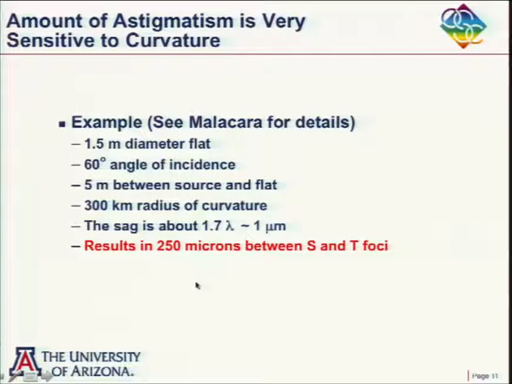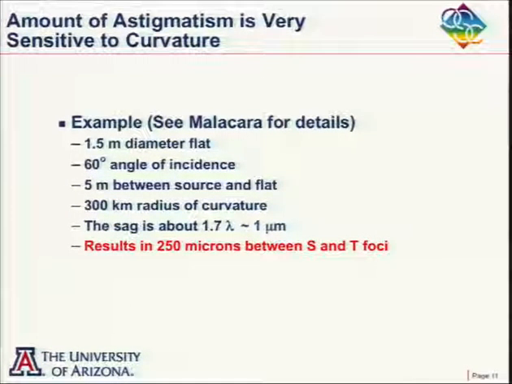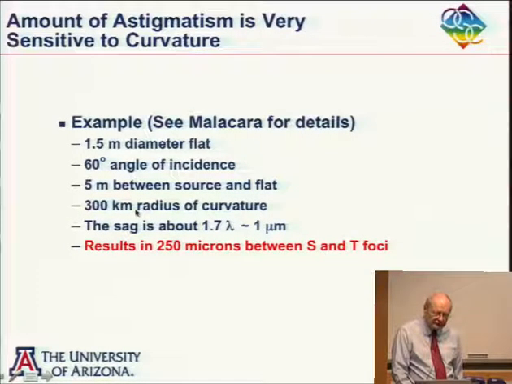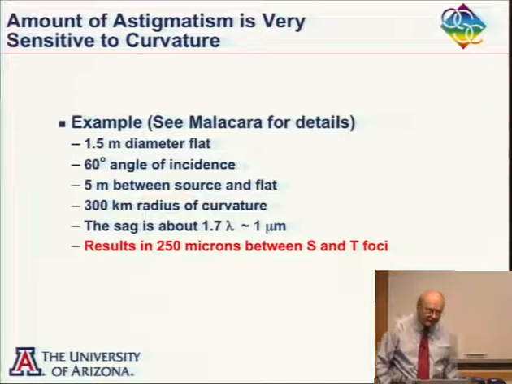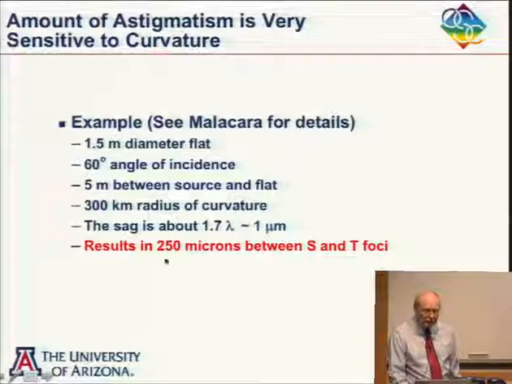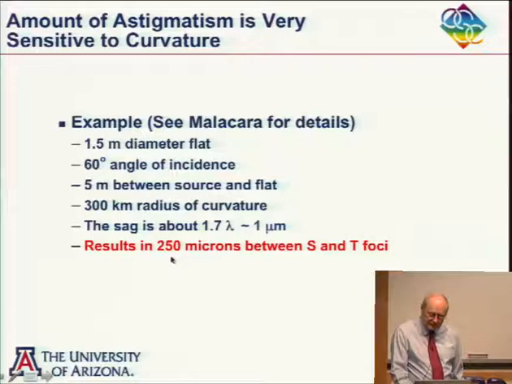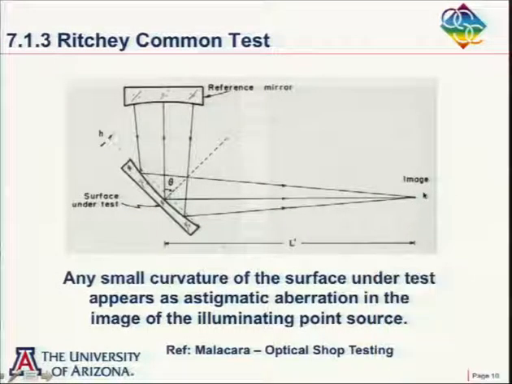I even had to go through those numbers a couple of times to see if I didn't make a mistake. So a radius of curvature of 300 kilometers, and the secret is we're illuminating at a large angle of incidence, 60 degrees, gives a distance between the S and T, sagittal and tangential foci, of a quarter of a millimeter.